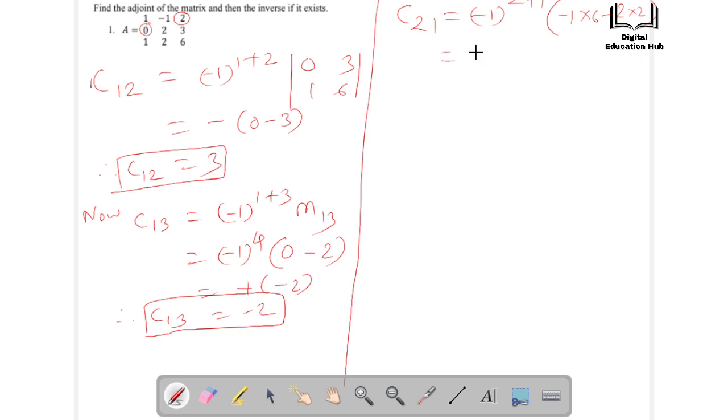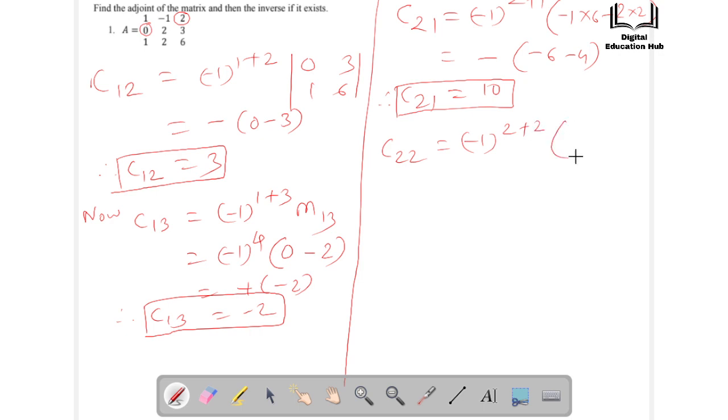So you solve them. Minus 1 raised to odd number is minus, so this is minus 6 minus 4, that comes to 10. C22, you try to find out C22: minus 1 raised to 2 plus 2, so this one is 1 into 6 minus 2 into 1.